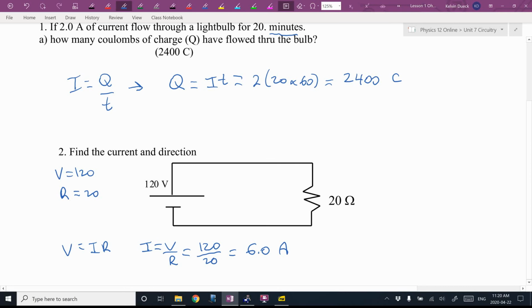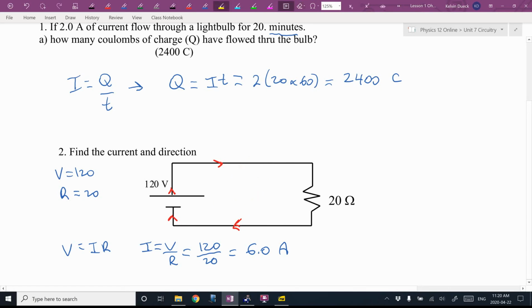What direction? Well, current is defined as from positive to negative. So this is the positive symbol, so the direction would be this way. Now the electron flow would be in that direction, which would be counterclockwise.